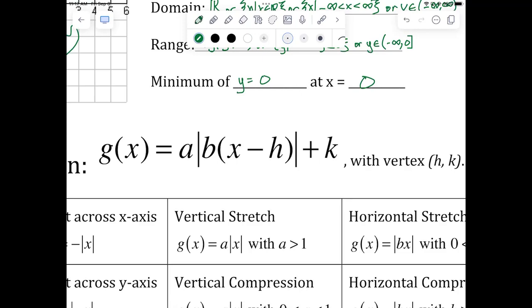Arbitrary. Right? Yeah. So it does the exact same thing.